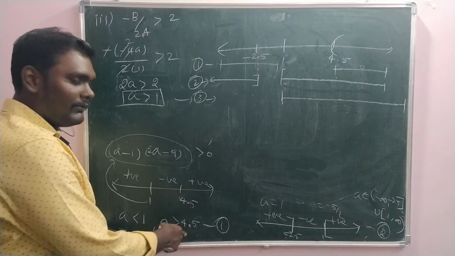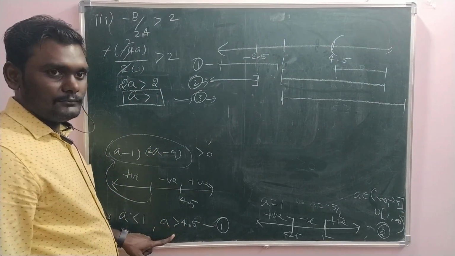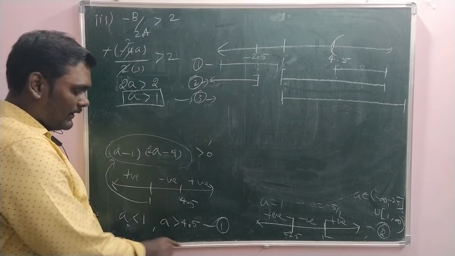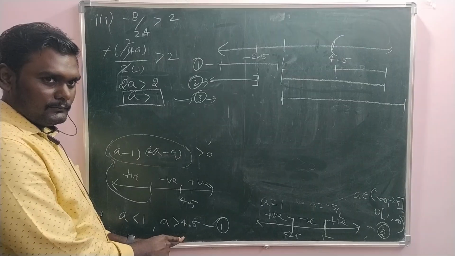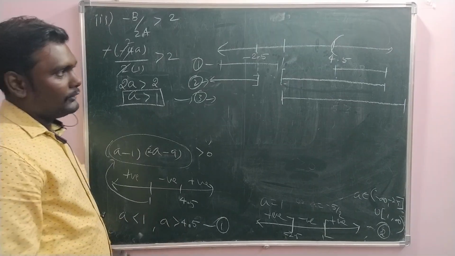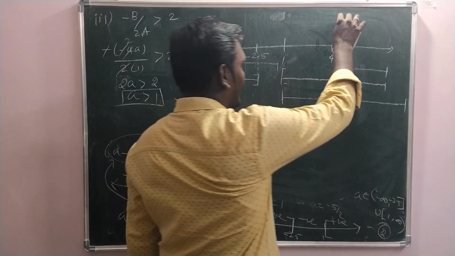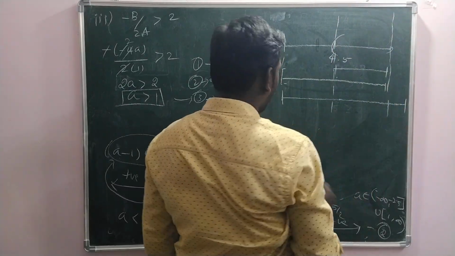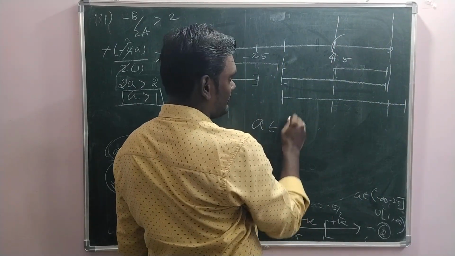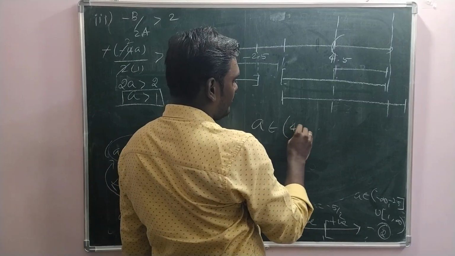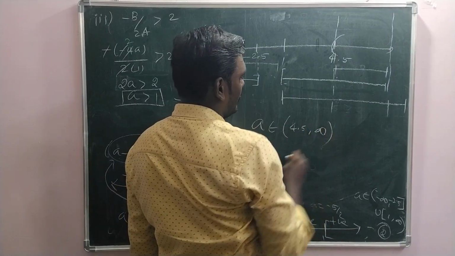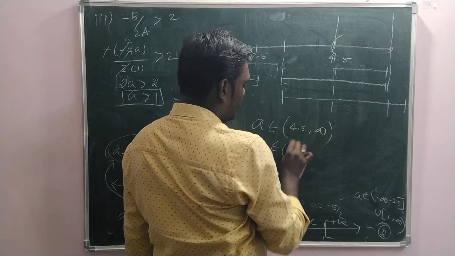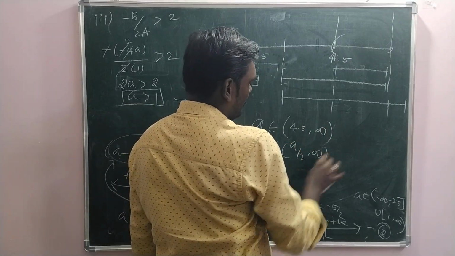If you include it, condition 1 will not be satisfied here. If you include 4.5, will this be satisfied or not? 1 will be angry. So all the 3 are converging here only. So the range of a is what? 4.5 to infinity, which is nothing but 9/2 to infinity.